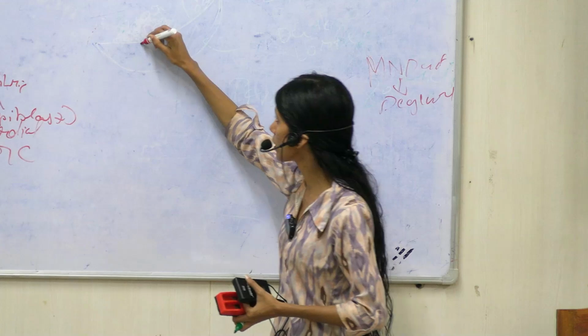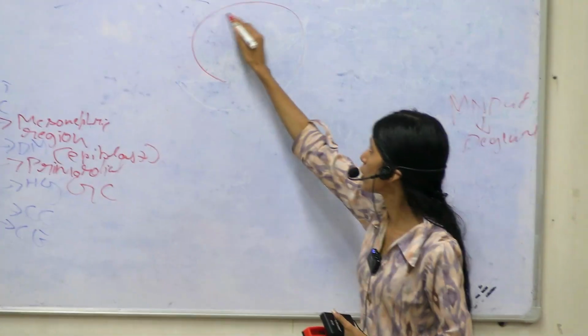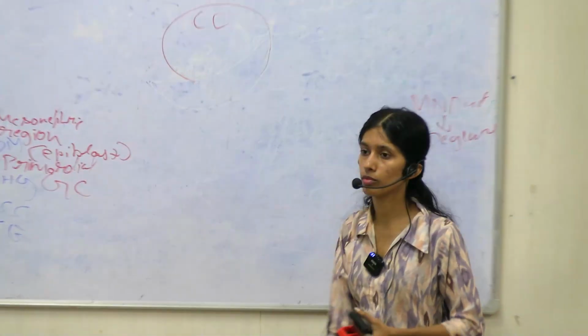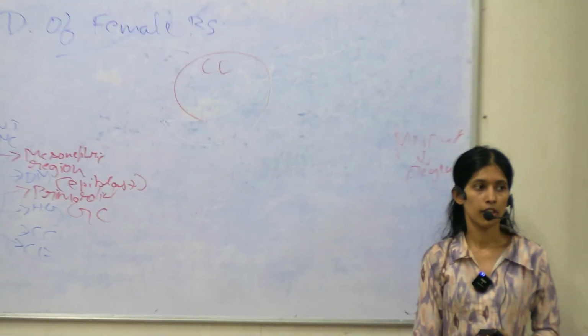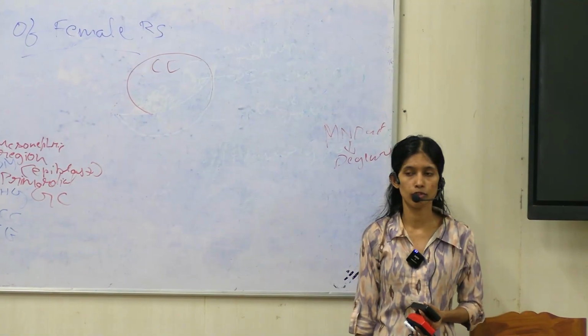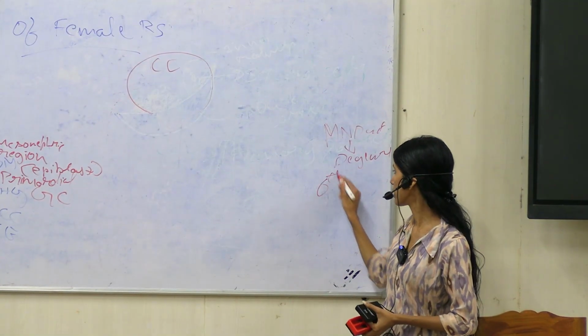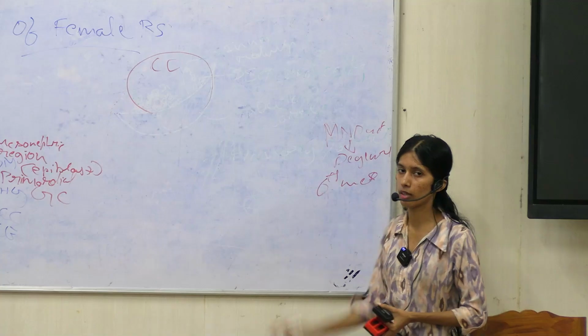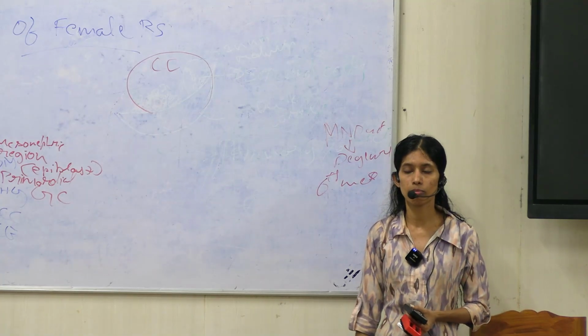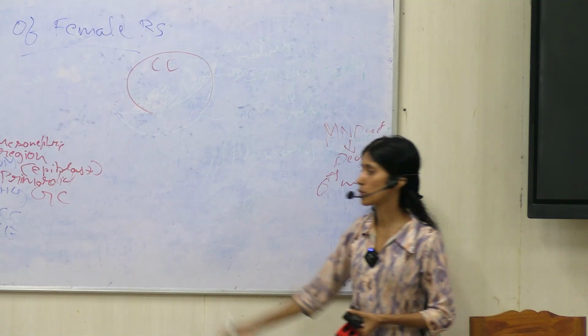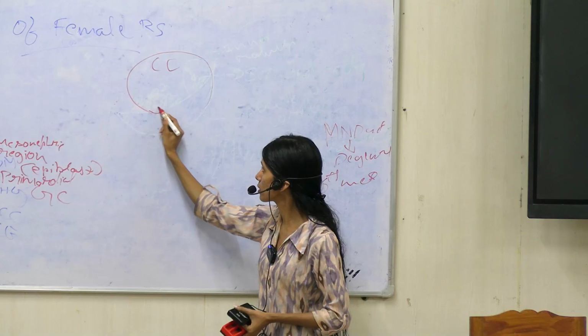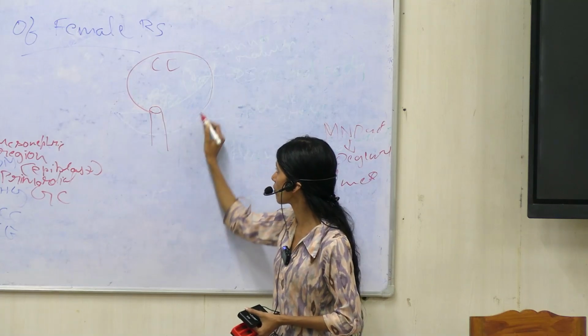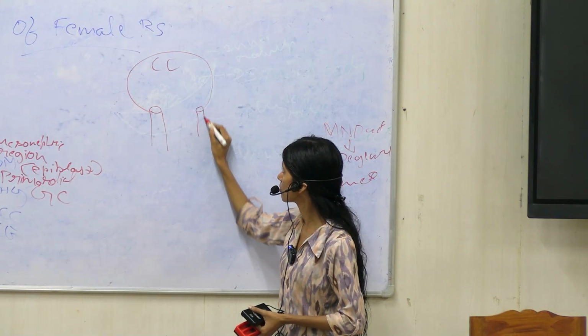Finish? Okay. So now imagine this is the coelomic cavity. Okay. During the 6th week of development, we can see the development of the paramesonephric duct present closer to your coelomic cavity like this.